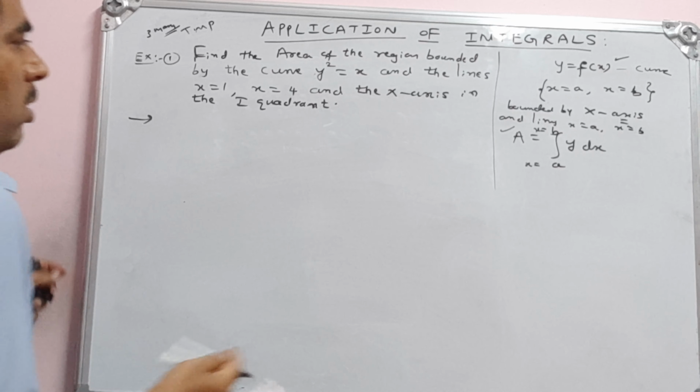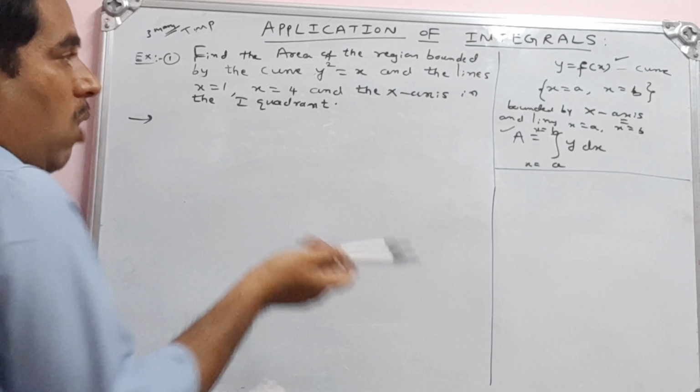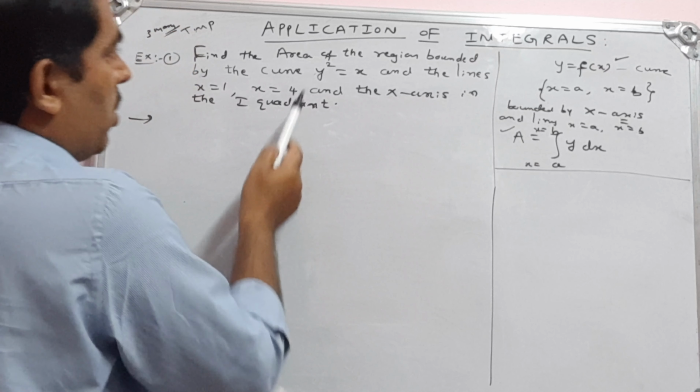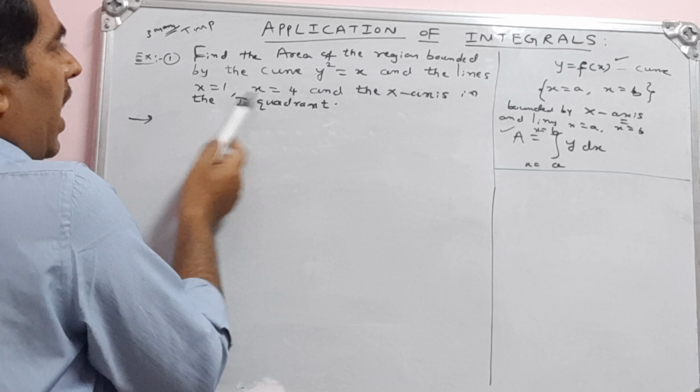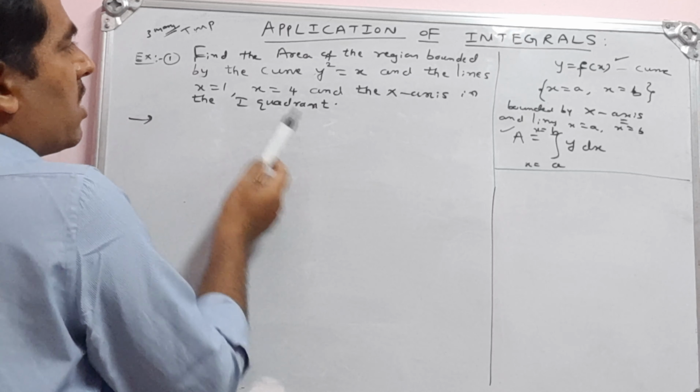What is the problem given? Find the area of the region. So in sentence they have mentioned it. Area of the region bounded by the curve y square is equal to x, and the lines x is equal to 1, x is equal to 4, and the x-axis in the first quadrant. So it is the first case. They are given the curve and the lines and the x-axis in the first quadrant. So let us draw the rough sketch.